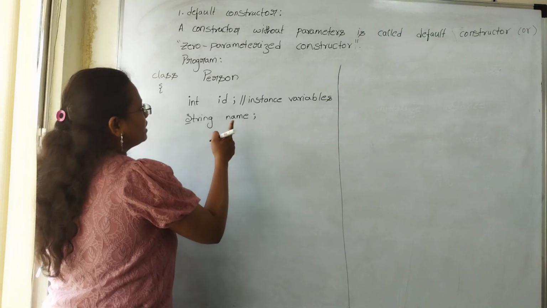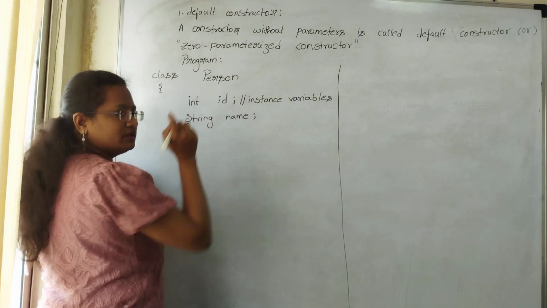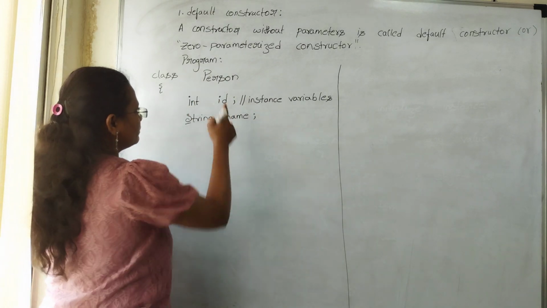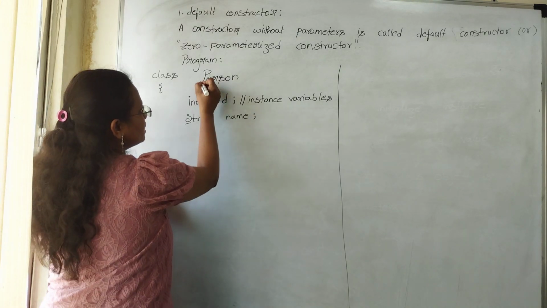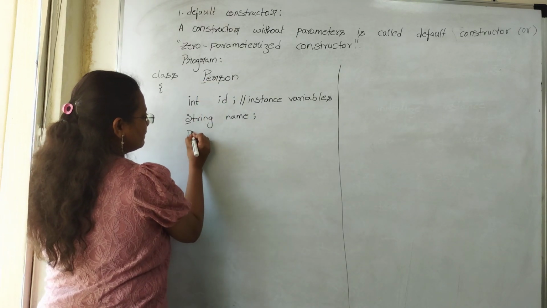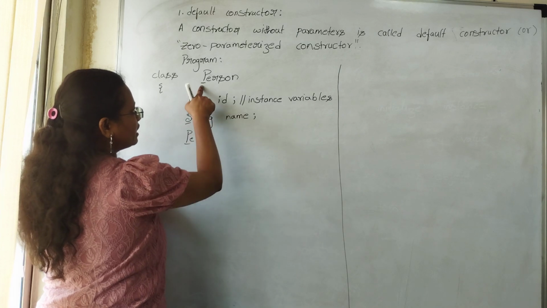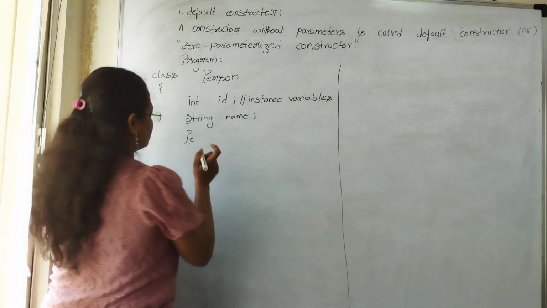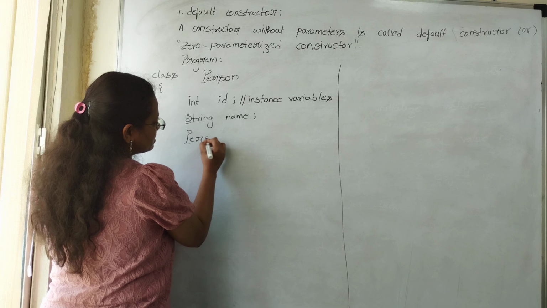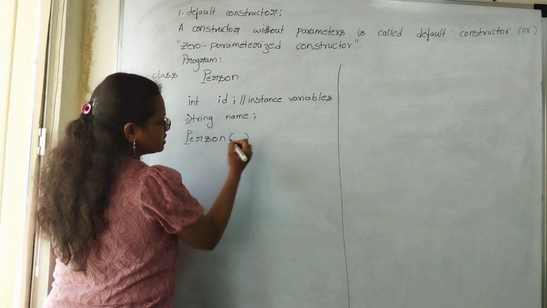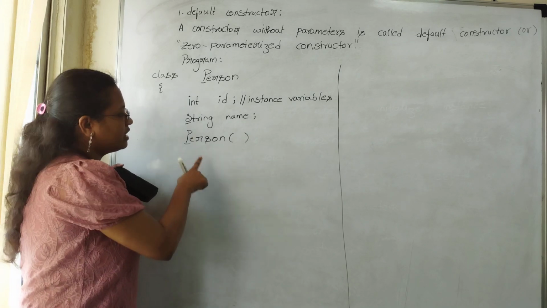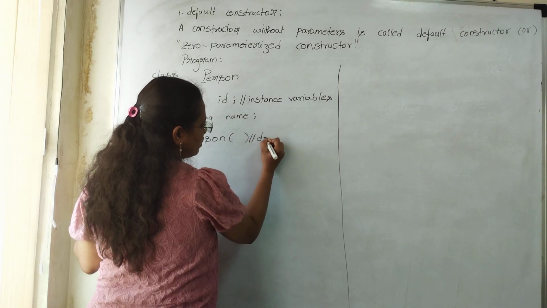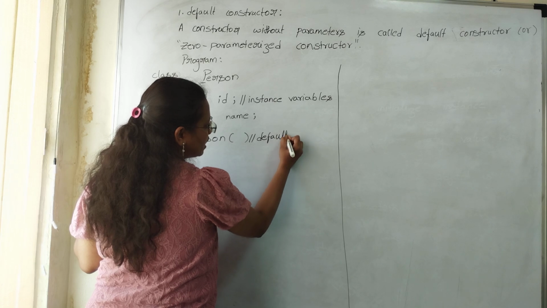Now I would like to define the Person default constructor. The class name and constructor name should be the same, so here P should be capital. Don't pass any arguments into the constructor, so this is called a default constructor.